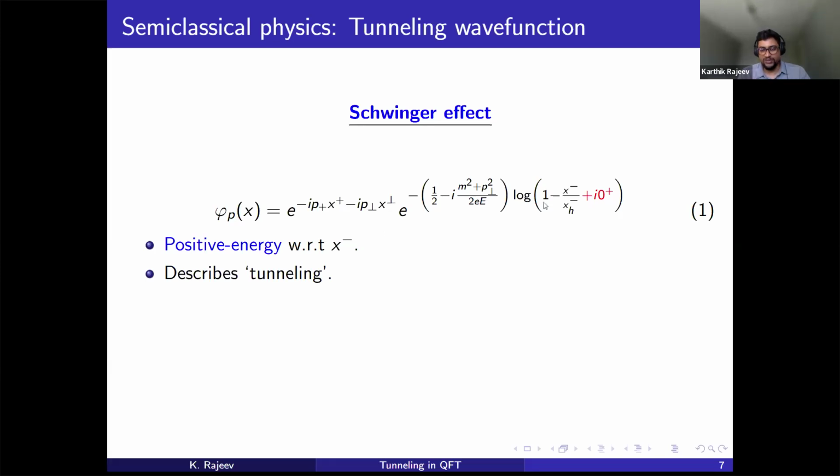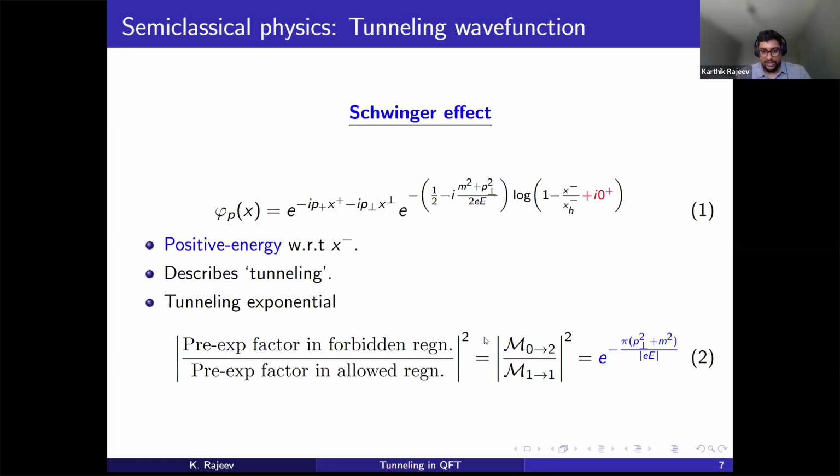For instance, you have this log function with a branch cut shown here, with the i0 plus to show where the branch cut is oriented. Again, remember this is also related to the analyticity that I talked about earlier, but there it was analyticity in v, and here it is in x minus.